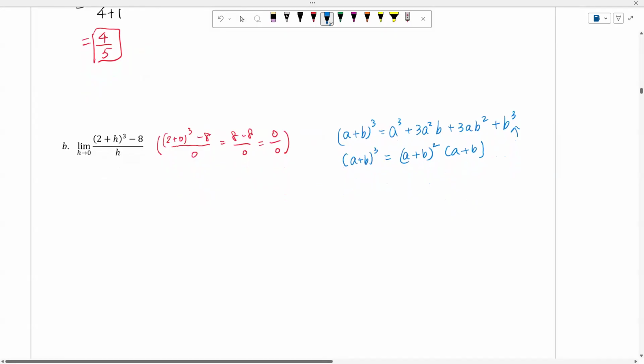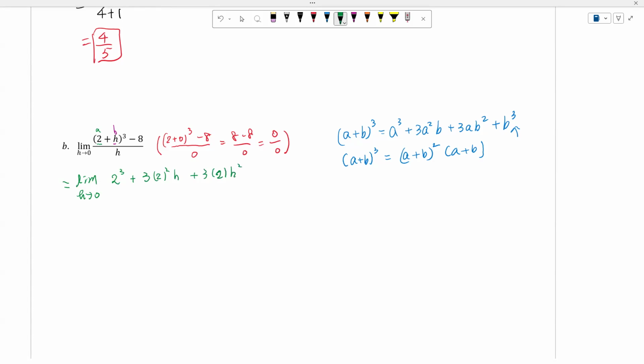Then we just work with the problem. So I will have 2 to the power 3, this is a, and this is b, plus 3 times a squared b plus 3 times a b squared, and then plus b to the power 3, which is h to the power 3, minus 8, divided by h.